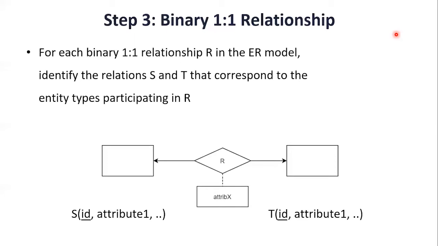So for each binary one-to-one relationship R in the ER model, we have to identify the relations S and T that participate in that relationship R. So let's say this is one entity, this is another entity participating in the relationship R, and it has an attribute X. So for each relationship R, we have to identify the relations S and T that correspond to the entity types participating in R. So we have to identify the relation, or the table, that we created for this particular entity.